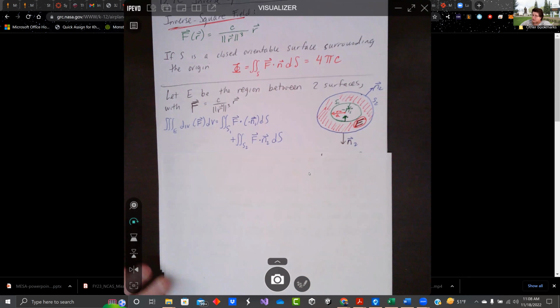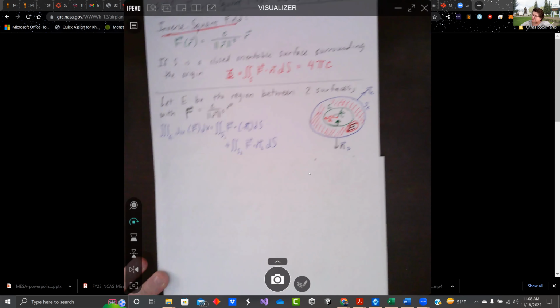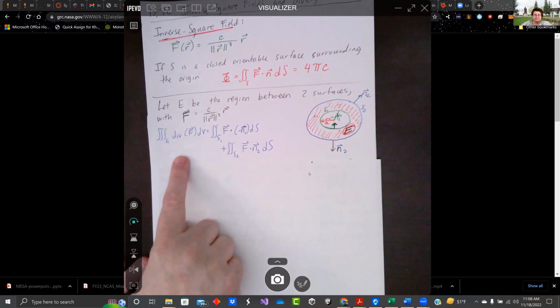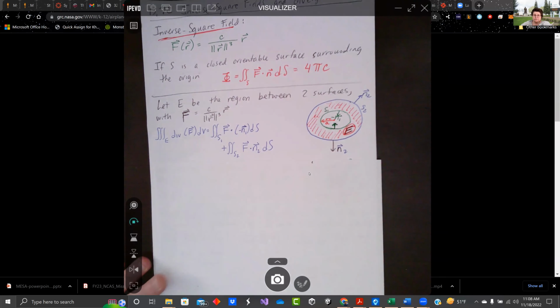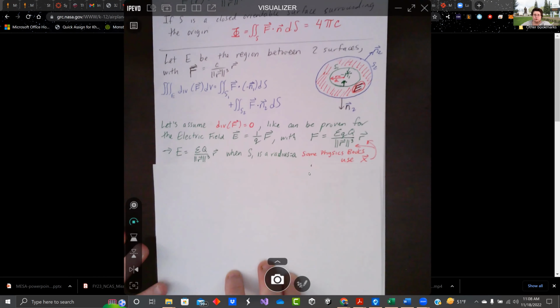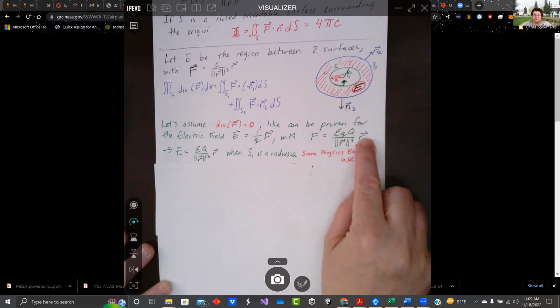Okay, so we apply our divergence theorem. This integral up here is the divergence of F. We can break this up into two parts, F dotted with negative N1 and F dotted with N2. We're going to assume that divergence is 0, like we can prove for the electric field E equals 1 over Q F, where F is an inverse square field written over here.